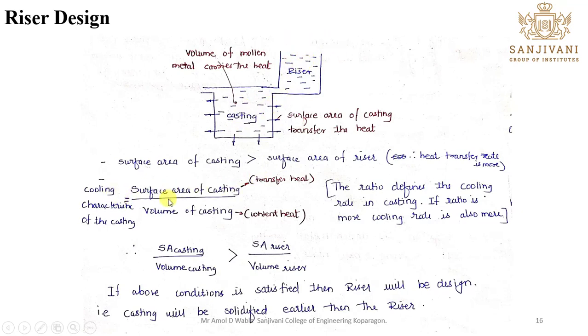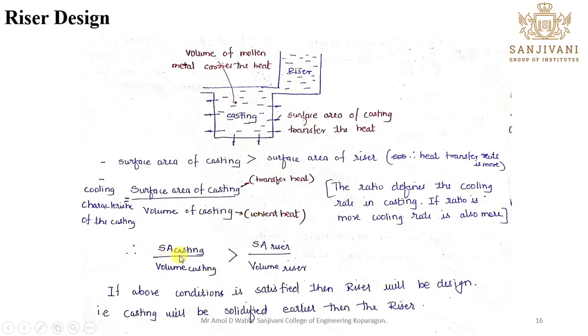You can take the cooling characteristic of the casting, which is given as the surface area of the casting divided by the volume of the casting. This ratio defines the cooling rate of your casting, and we are interested in the cooling rate because the casting space should cool first, before whatever molten metal is present in the riser space.